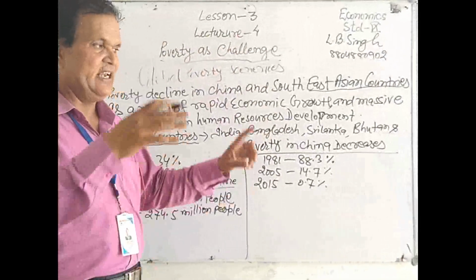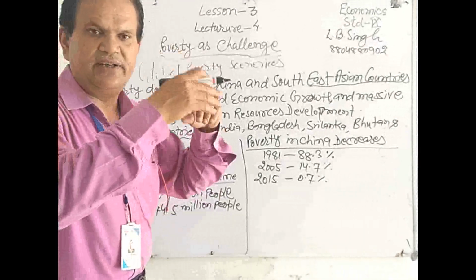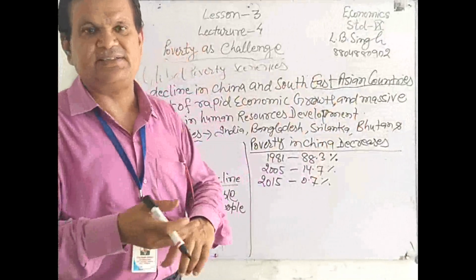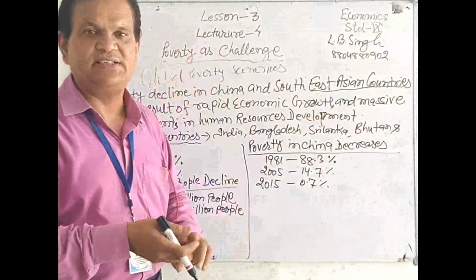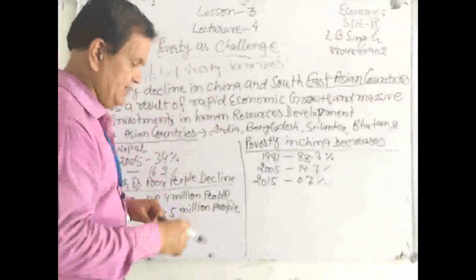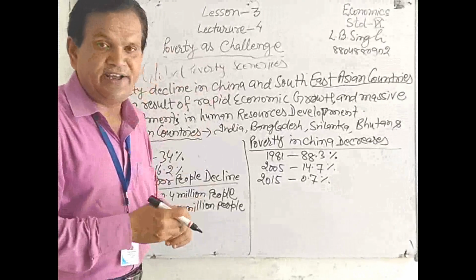Establishing factories, acquiring land, measuring land, the equal distribution of development things, different resources are done by the government to remove the poverty. Especially we have to study regarding India.